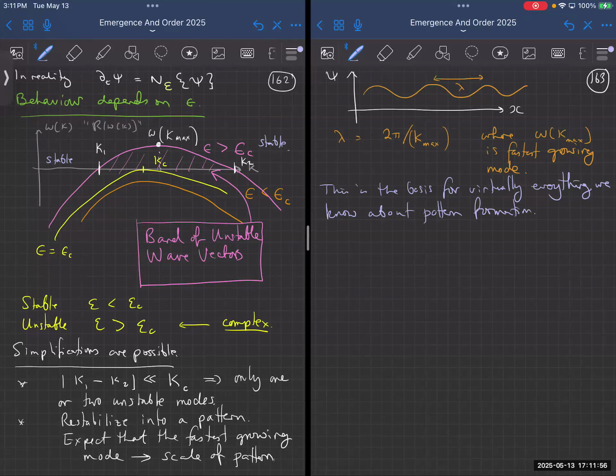This being linear stability. So to do any better, you can say, well, once I'm in the unstable regime, what can we do?